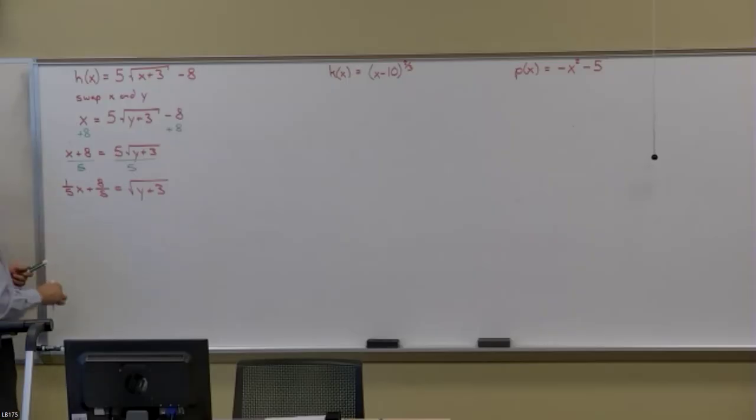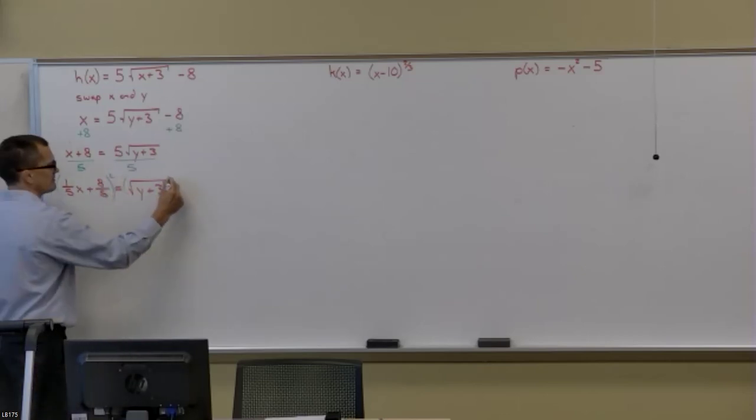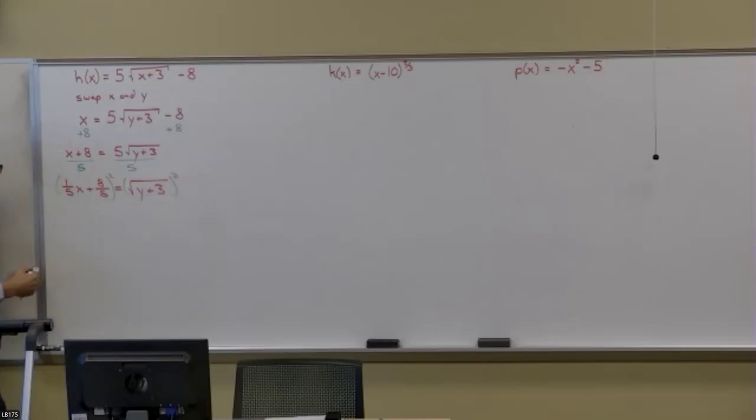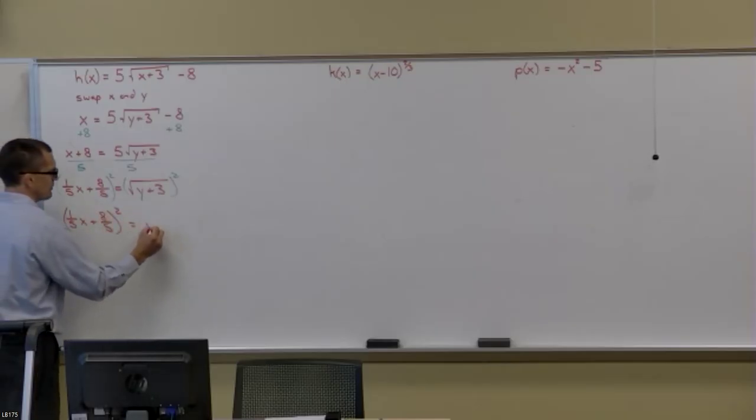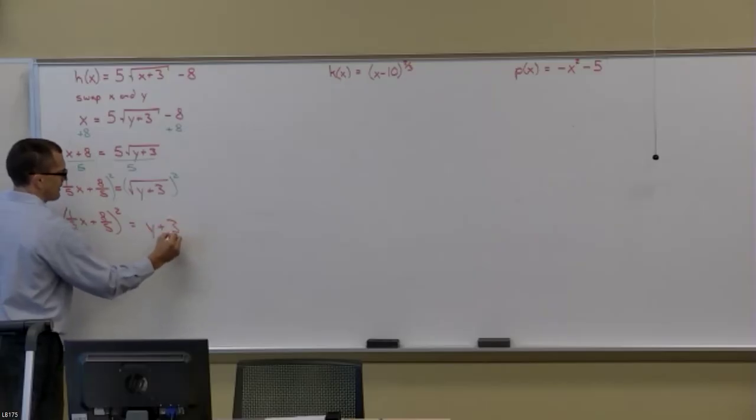Now, at this stage, we have a square root. In order to get rid of a square root, I would square both sides. And we have 1/5 X plus 8/5 quantity squared is equal to Y plus 3.